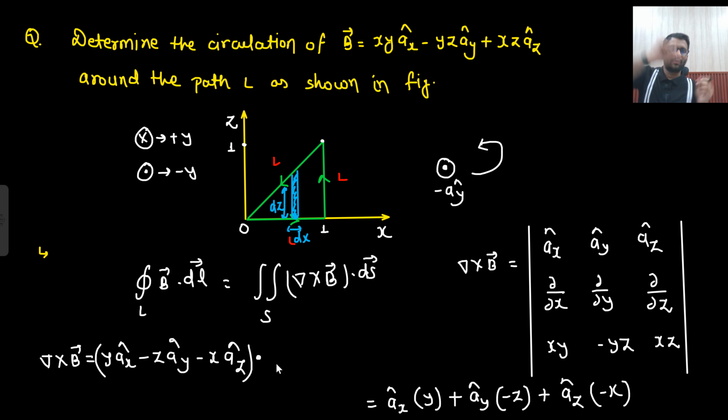Now if I need to move this strip, I need to move it like this. From 0 I will start, and I will move this strip. Or you could have started from here and moved the strip this side as well. Limit will always be from low to high.